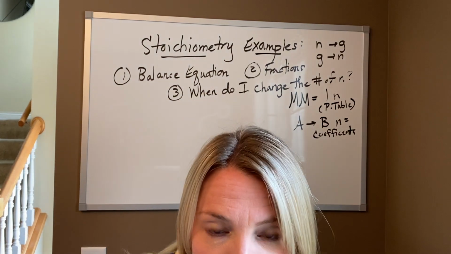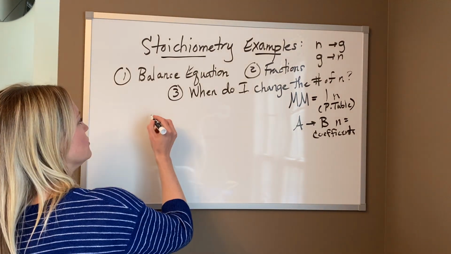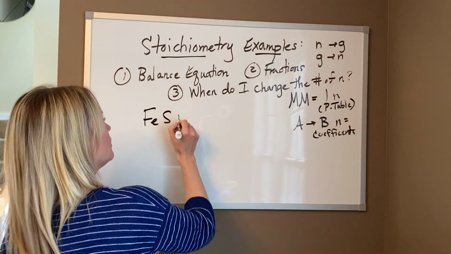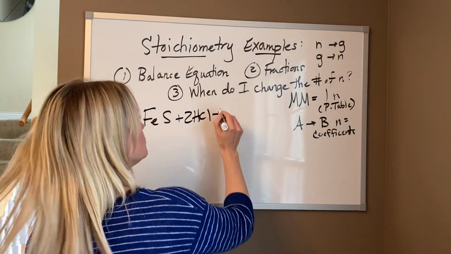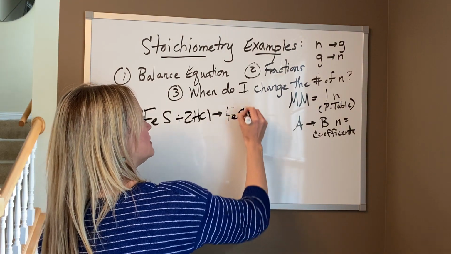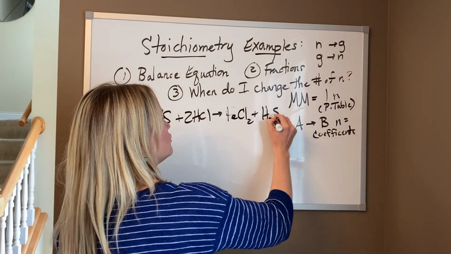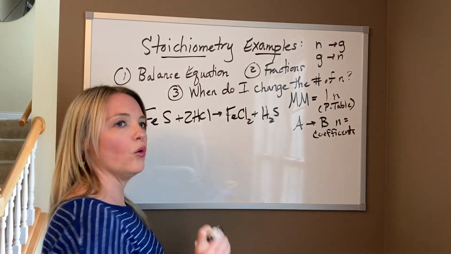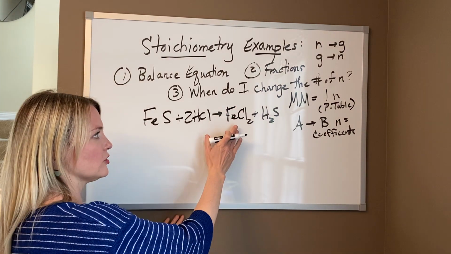The first thing I'm going to do is start with the balanced equation. I'm using some examples from Science Geek. They have iron sulfide, FeS, reacting with hydrochloric acid, 2HCl, to produce iron chloride, FeCl2, plus hydrogen sulfide, H2S. You will be writing and balancing your own equations on the worksheet. If you use Science Geek, the equations are already balanced for us.